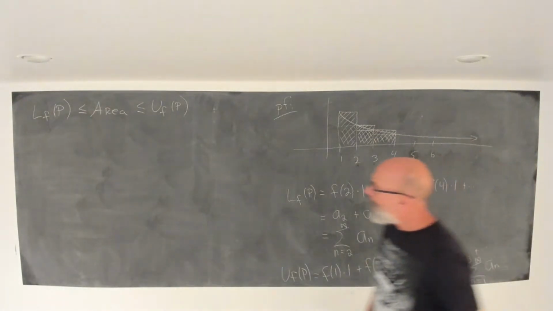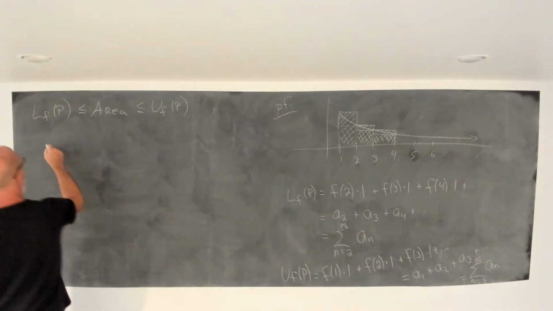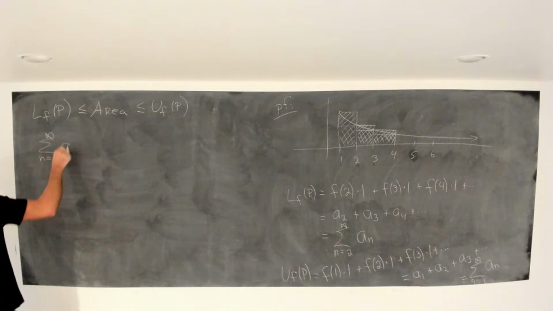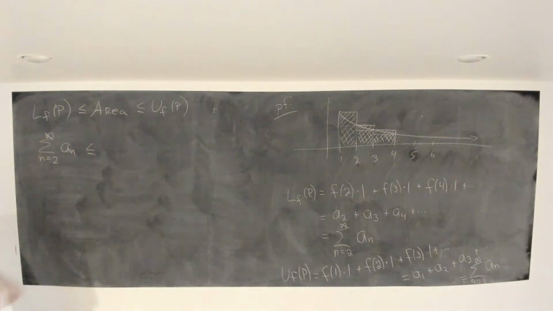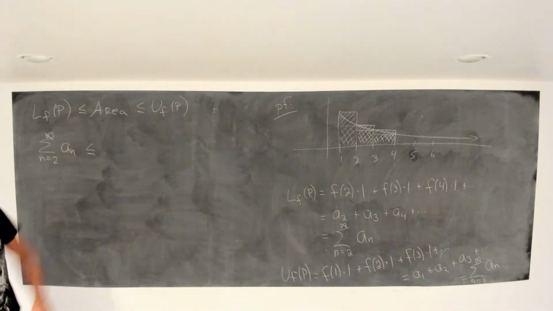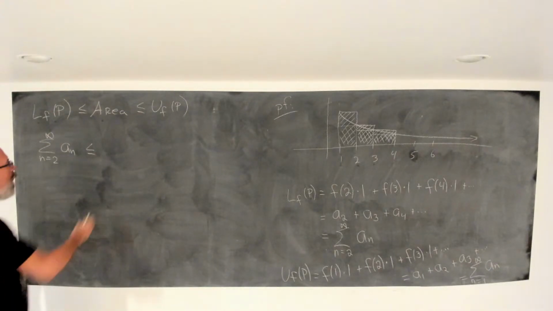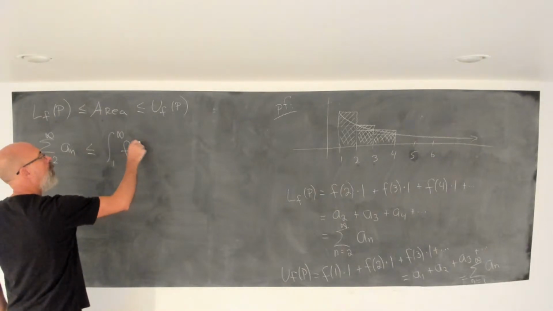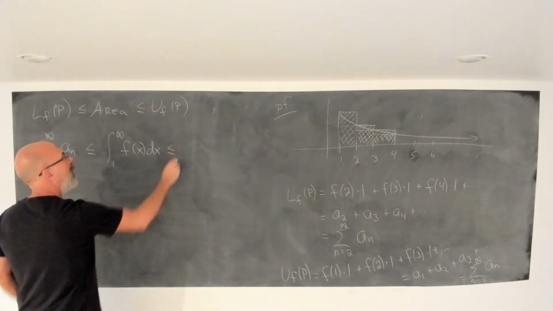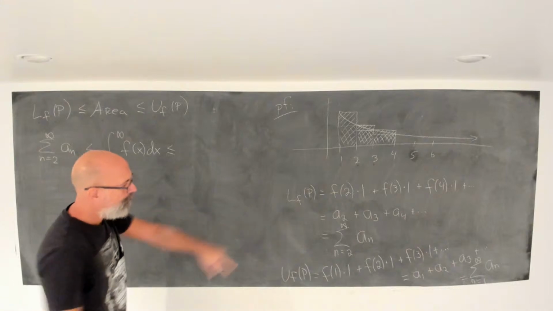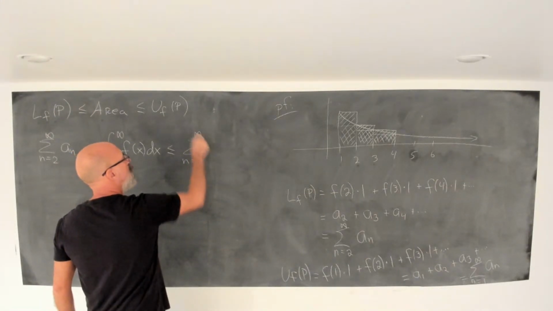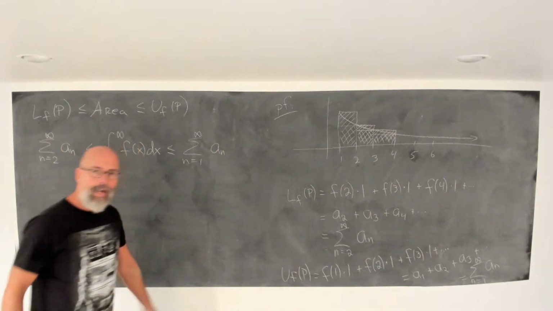Here, the lower sum, we just calculated to be this series. The actual area under the graph, you know to be the integral. And the upper sum is the series starting at 1.